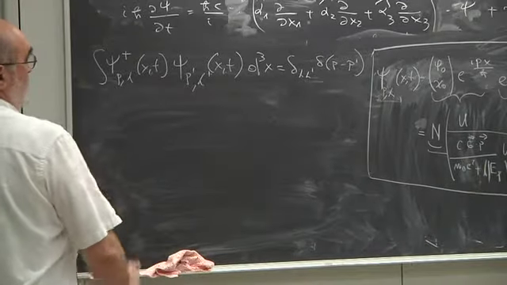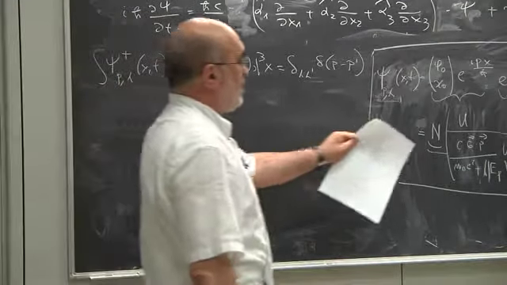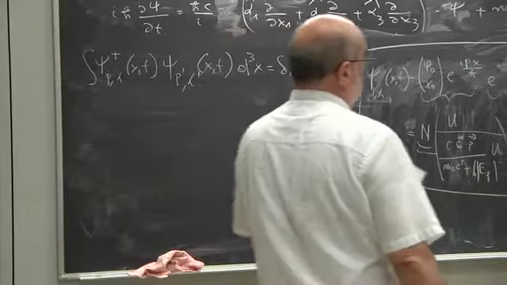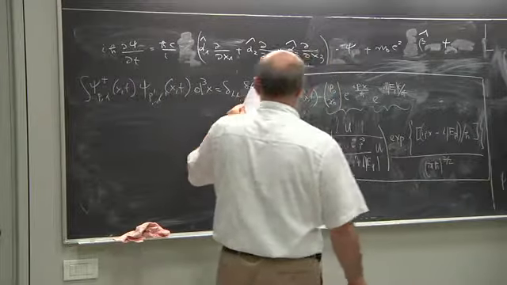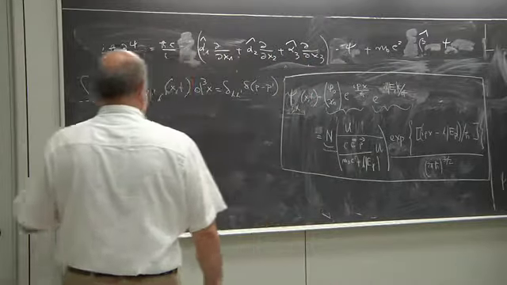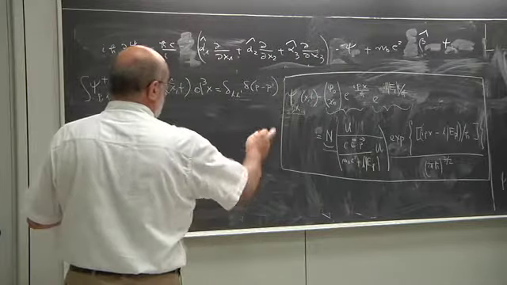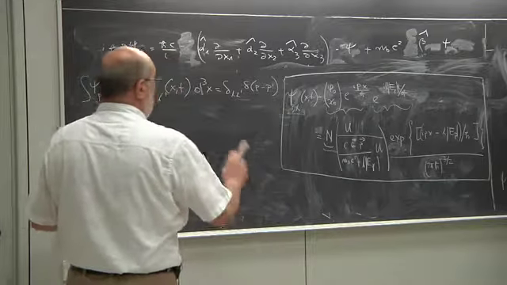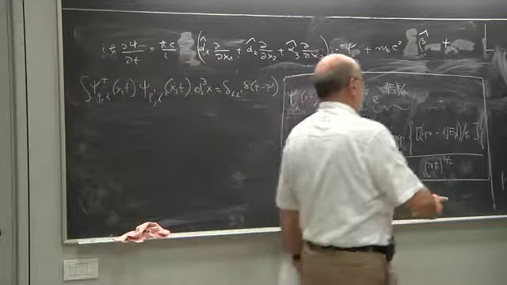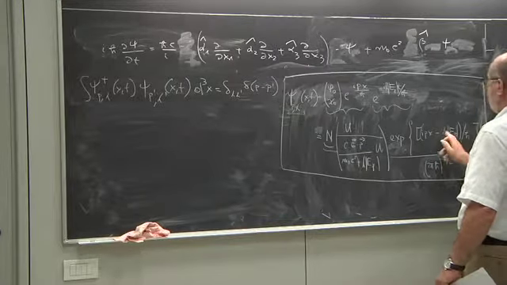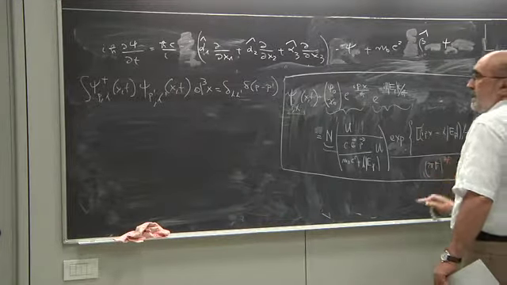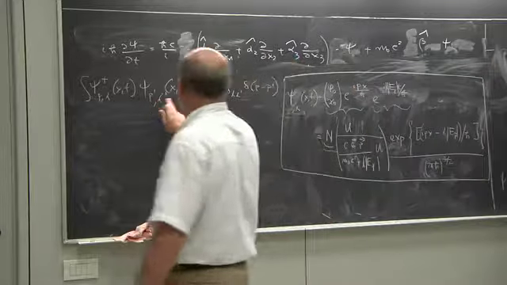If you plug in this solution, you immediately find, from the exponential, the 2π cubed, you get the Dirac delta of P. And the rest is just algebra. So plug it in. The energy gets cancelled. The P factors get cancelled if lambda and lambda prime are the same.